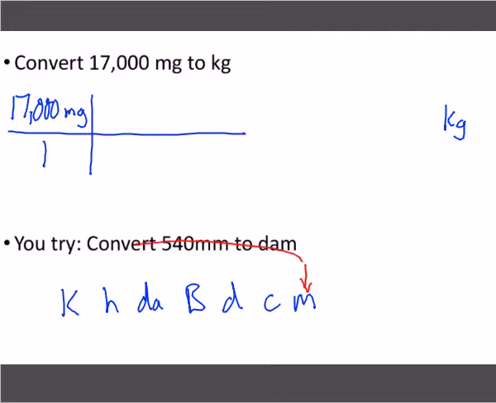But I need to get all the way over here. The numbers that we listed out, this is 10 to the 3rd, 10 to the 2nd, 10 to the 1st, 10 to the 0, 10 to the negative 1, negative 2, negative 3. Those numbers are in relation to your base unit.